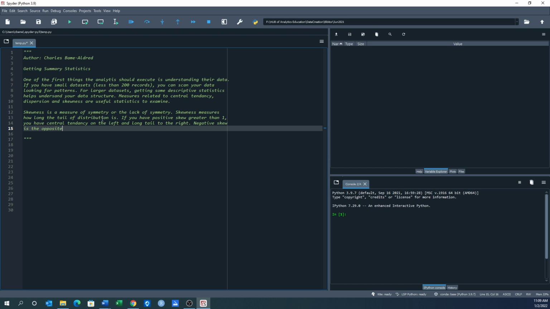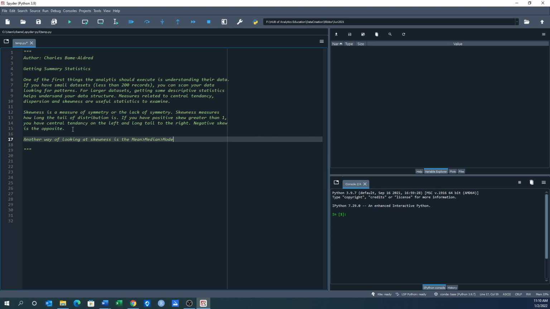Okay? Another way of looking at skewness is when you look at the central tendency: the mean is greater than the median is greater than the mode.